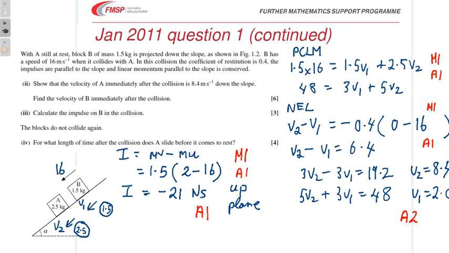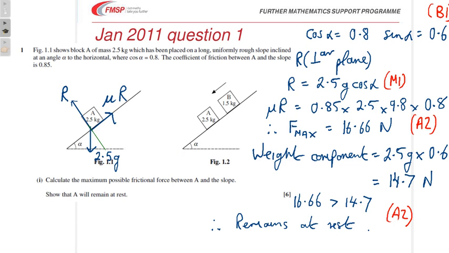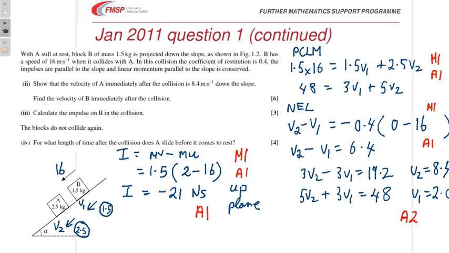For finding the impulse, 1 method mark for the impulse being change in momentum, 1 for finding the impulse, and 1 for stating the significance of the minus sign as meaning it's up the plane. And that, I think, is it. Going back to the very first part, yeah, we talked about the method marks for that. So that's January 11, MEI M2, question 1.